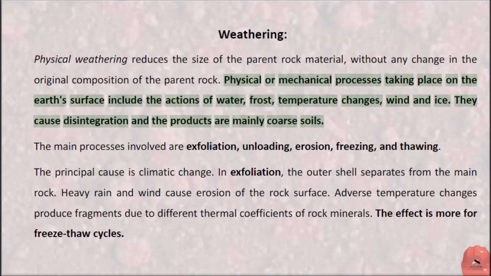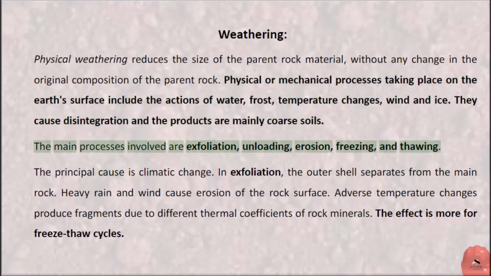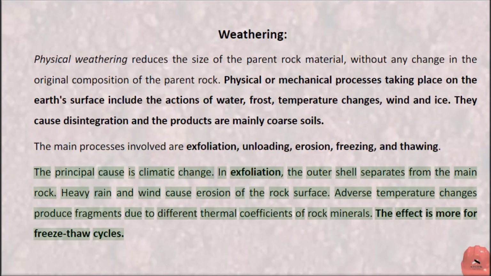They cause disintegration and the products are mainly coarse soils. The main processes involved are exfoliation, unloading, erosion, freezing, and thawing. The principal cause is climatic change.